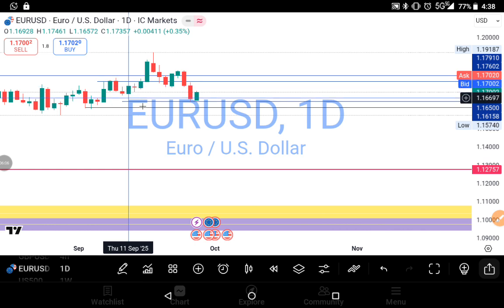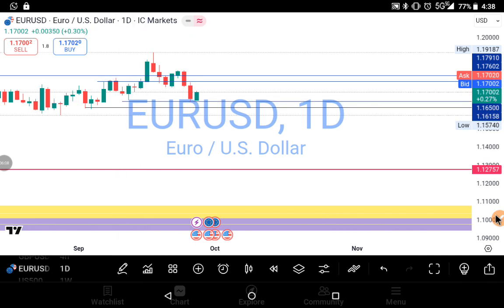So the low of this candle has been taken. Let me point it out. The low of this candle here, the sell side here has been attacked.